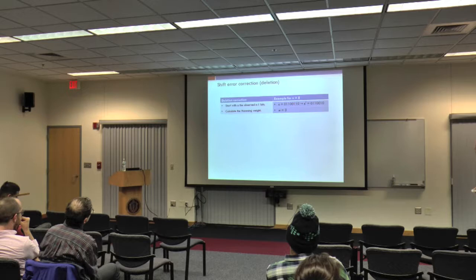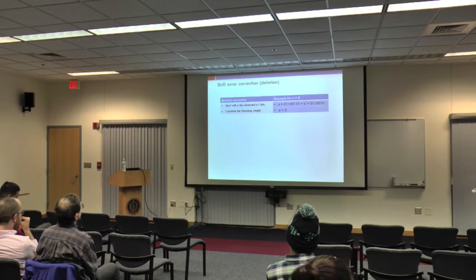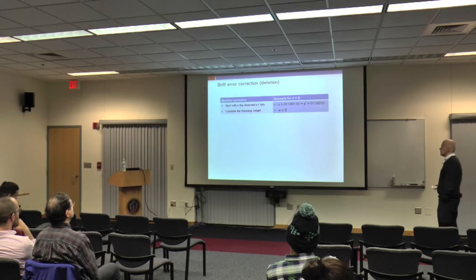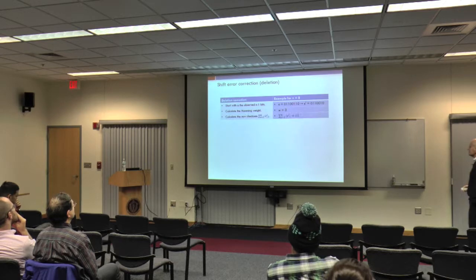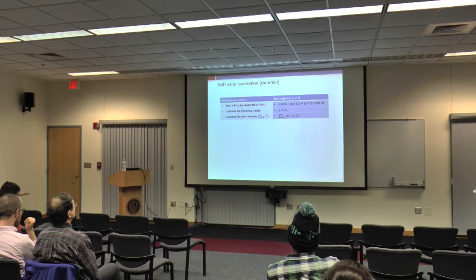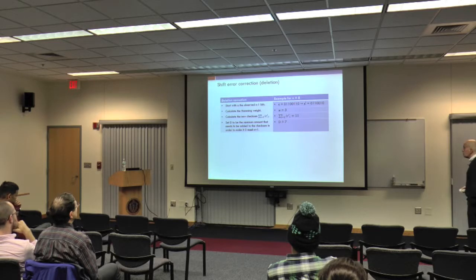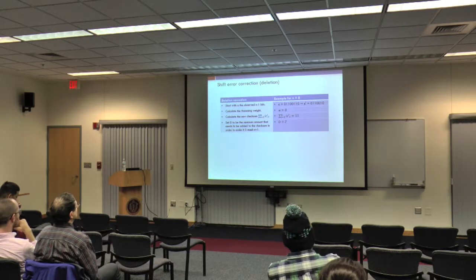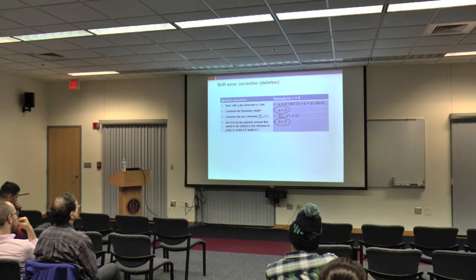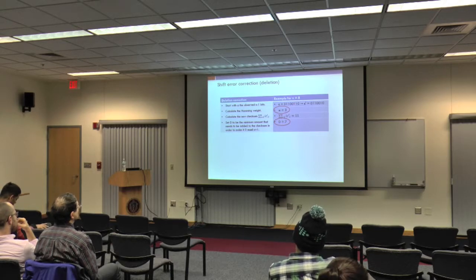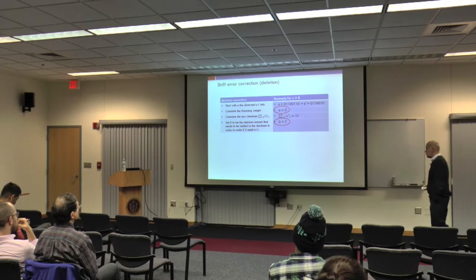So I've taken that red 1 out. I calculate the Hamming weight. That's 3. I calculate the new checksum. It's 11. I calculate the minimum amount that I need to add to it to make the checksum correct. That's 7. I actually compare D and W.